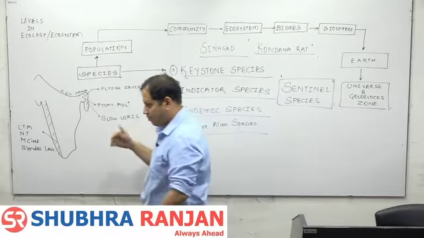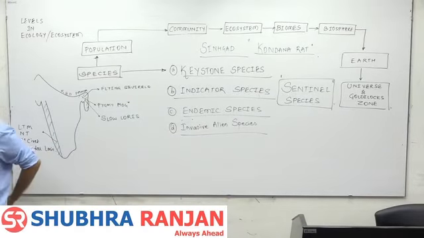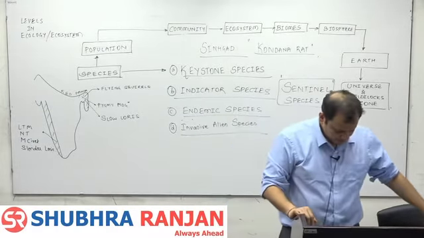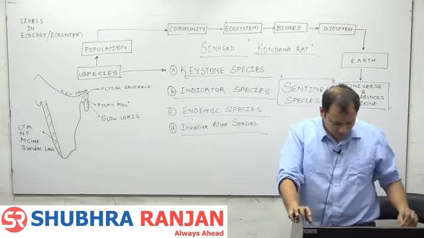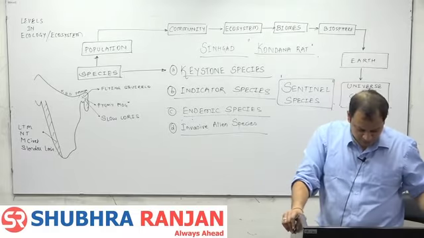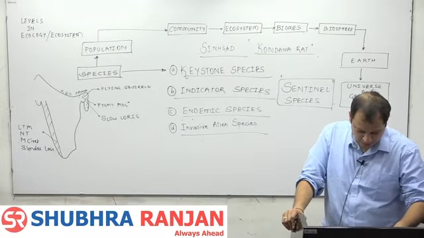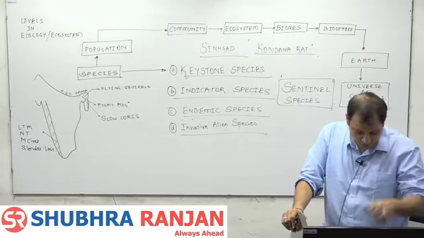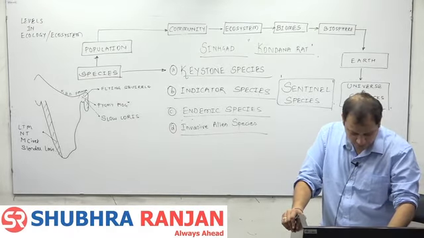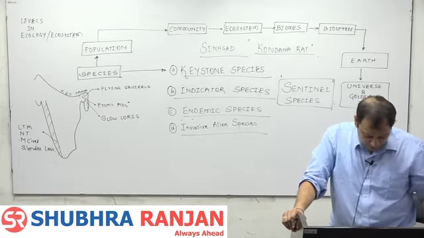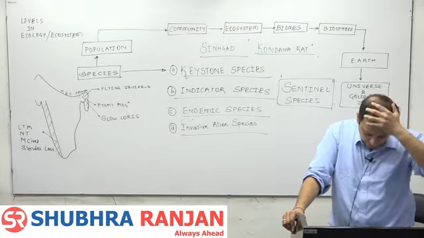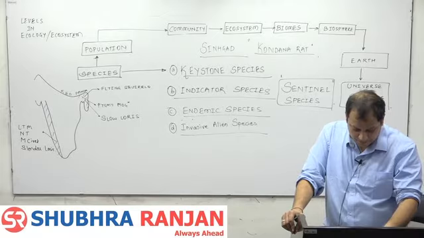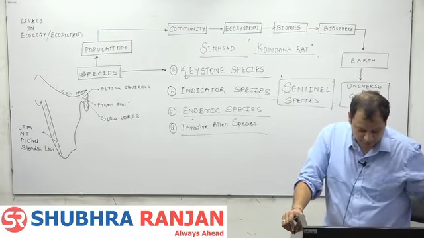Exotic species are foreign. Exotic species are those introduced in an area, maybe intentionally or unintentionally, but once introduced, they multiply so rapidly that they destroy the local habitat of an area.